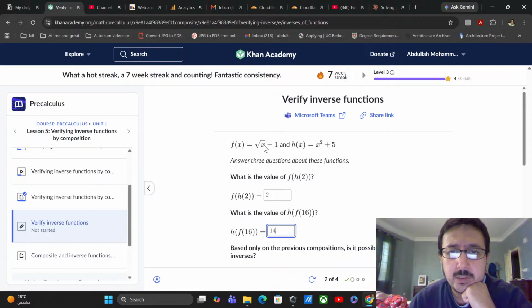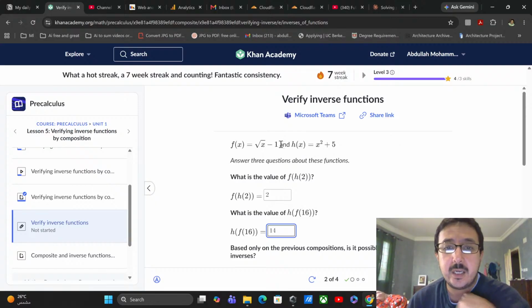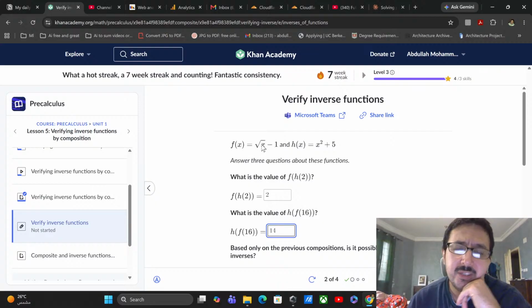Put it here, and we got 4 minus 1, that's a 3. 3 squared, that's a 9, plus 5. But what if we take minus? That's going to be, what do we call it? I don't know, it's going to be something numbers.